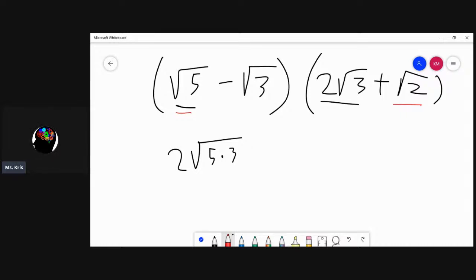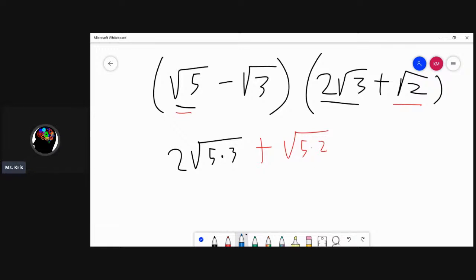So now, square root of 5 times square root of 2 is plus square root of 5 times 2. Now, keep in mind, if the number's on the outside, you multiply the numbers on the outside together. If it's on the inside, you multiply the numbers on the inside together.